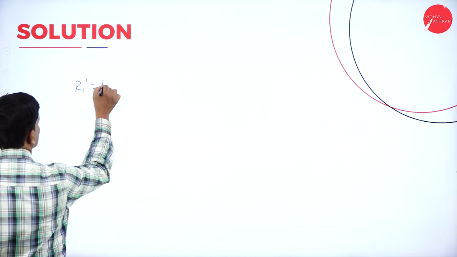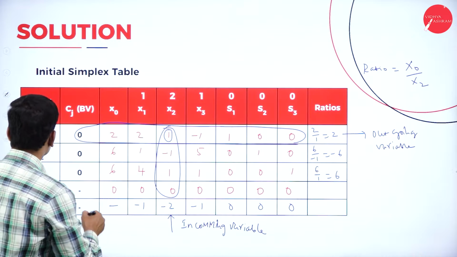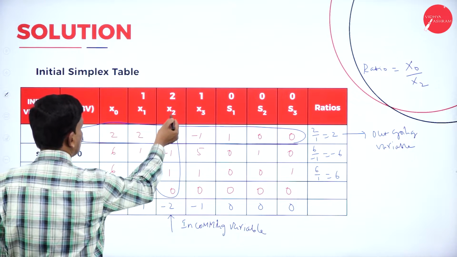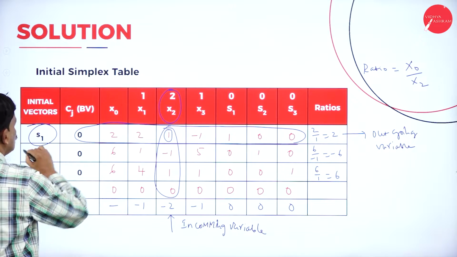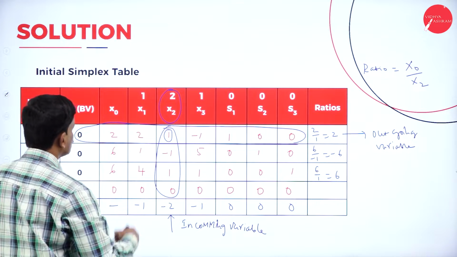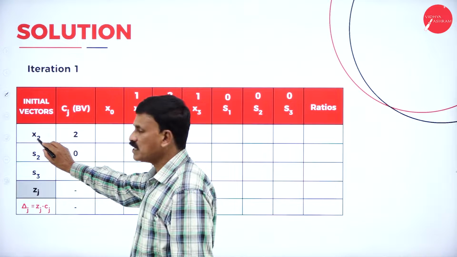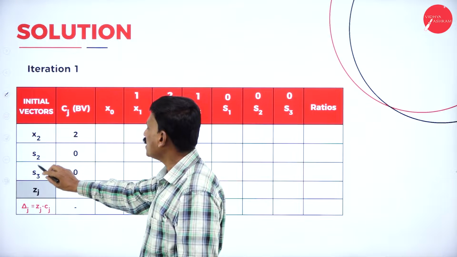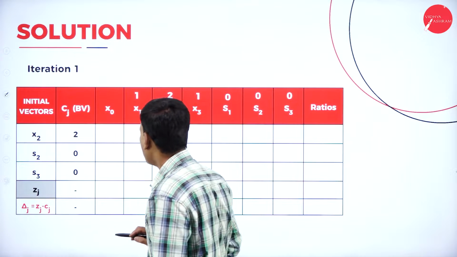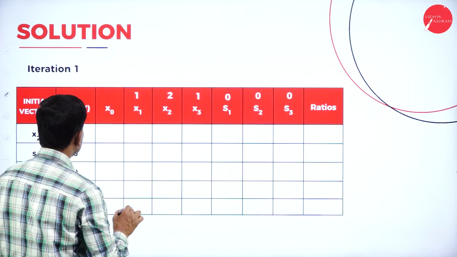R1 dash is equal to R1 as it is, so I will write the same. And here what are the incoming variables? X2 is the incoming variable, and what is the outgoing variable? S1. So S1 is replaced by X2. So in iteration number 1, X1 is replaced by X2, the coefficient of X2 is plus 2, and S2, S3 coefficients are 0 as it is. Now R1 dash is equal to R1 itself.